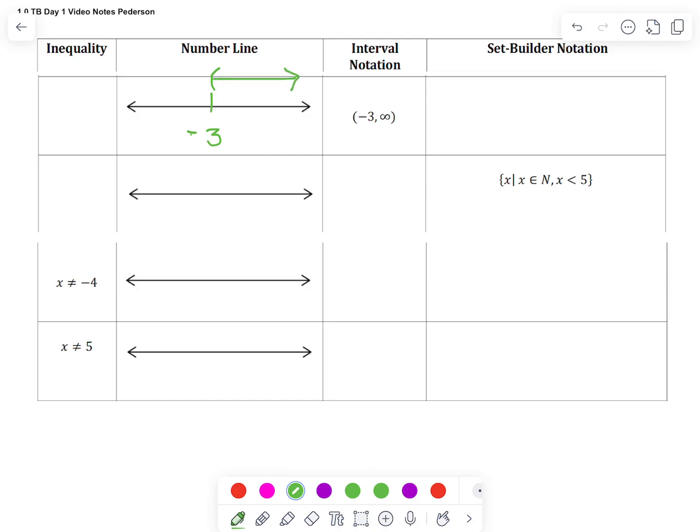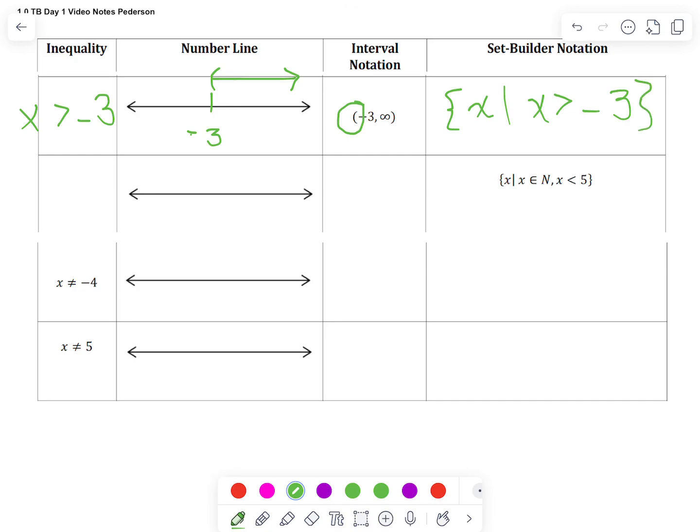So how we say this then is an inequality. It's x greater than negative 3. It does not include negative 3. Notice this is a parenthesis, so it's not including negative 3. So in set builder notation, x vertical line, so x such that x is greater than negative 3.